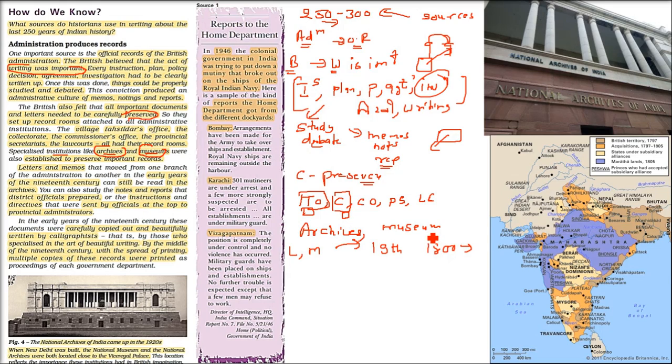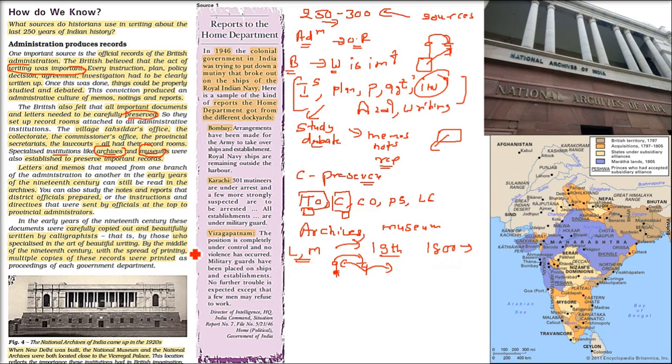At that time, people were only writing. There was no printing. So if some officer is writing to another officer, or a superior officer is giving instruction to a lower officer, or the lower officer is giving information back to the senior officer, all these reports and letters were handwritten.